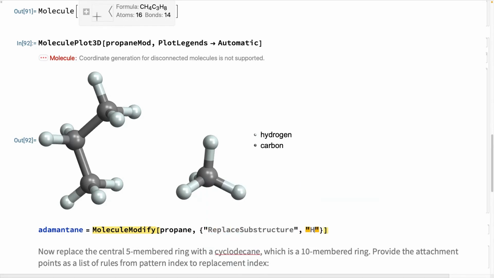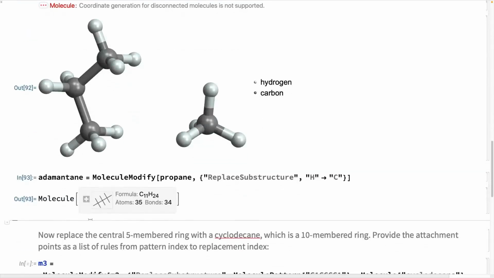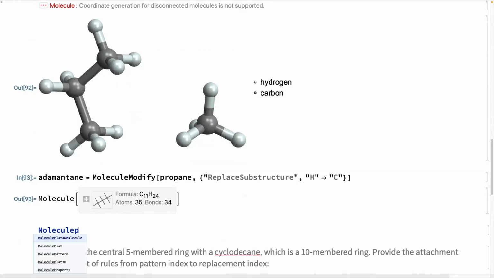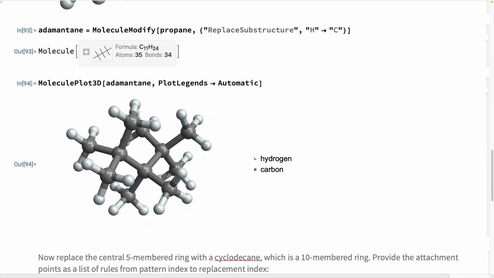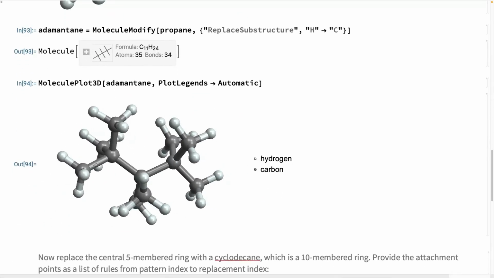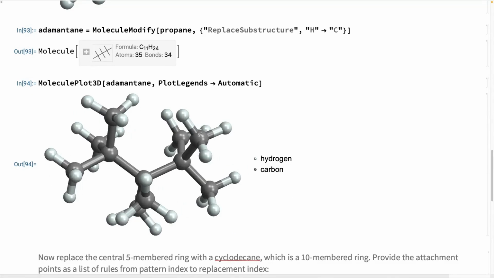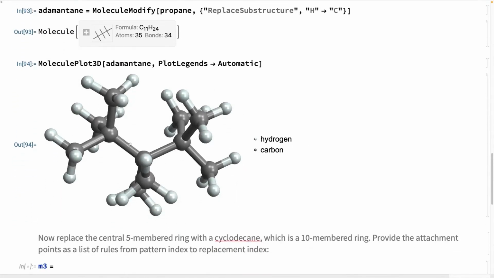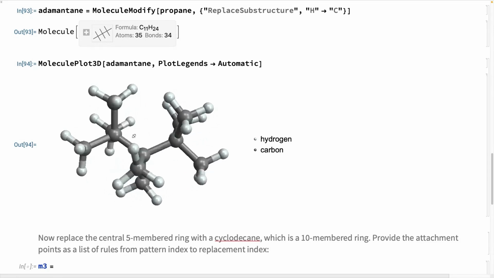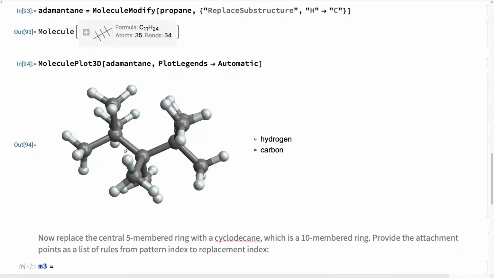And then we would do H goes to C. And here we have this, and now all those C's have to have their own H's attached again, so that they're happy like they are here. Really, so energy is minimized in some sense. So that kind of is how that works.